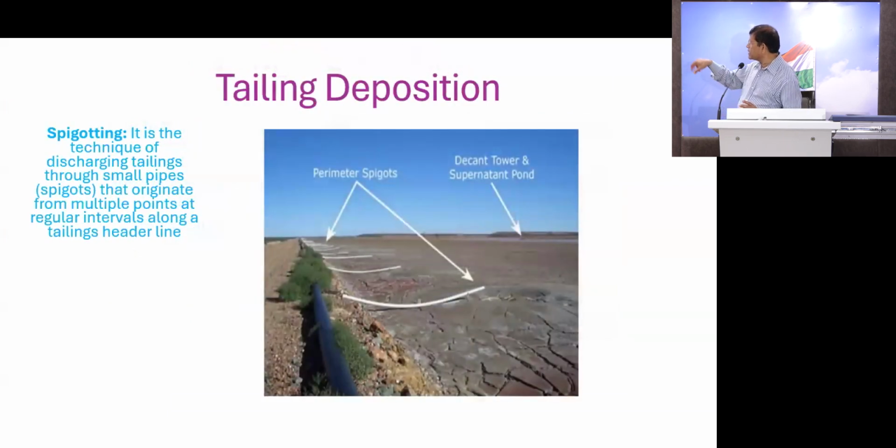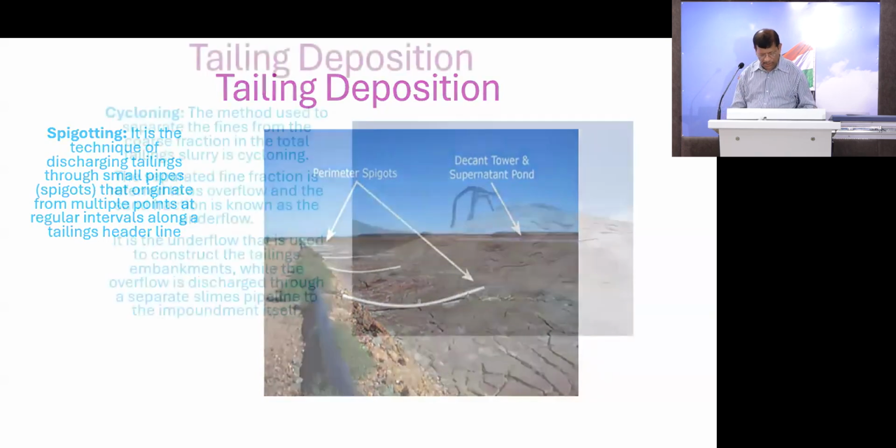But this one is very common, the spigotting. You have a pipe and there are several parallel pipelines connecting to the main. So all the slurry comes through the main and is deposited along the crest. This is done at regular intervals.